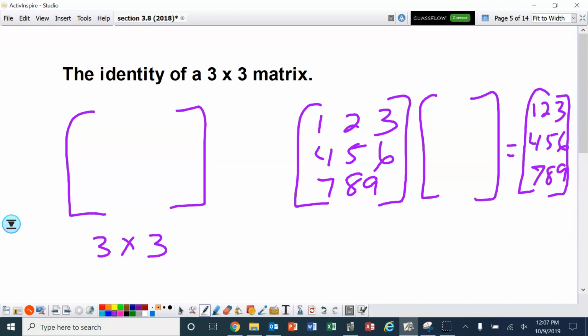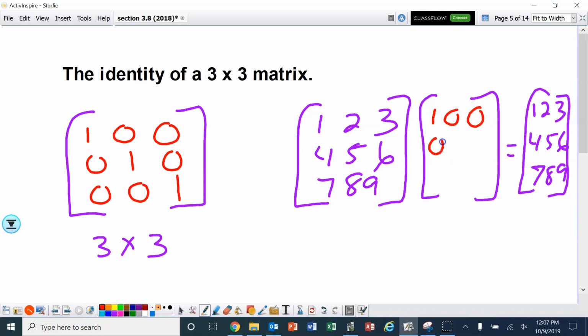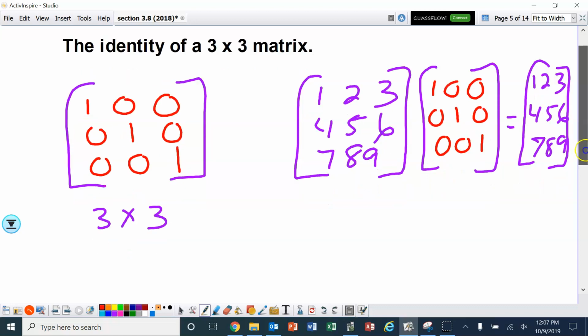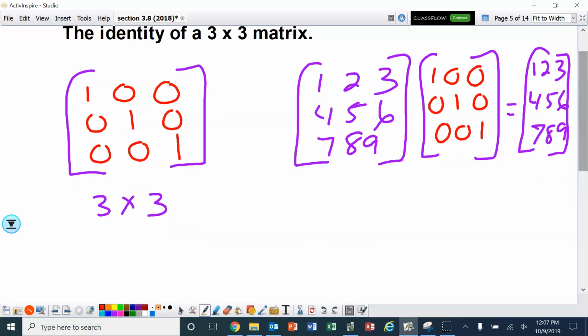It would be 1, 0, 0, 0, 1, 0, 0, 0, 1. Go back and look at the 2 by 2 matrix and see if you can see the little pattern we got going. So if I take that matrix times this matrix, I'm going to get the same matrix back.